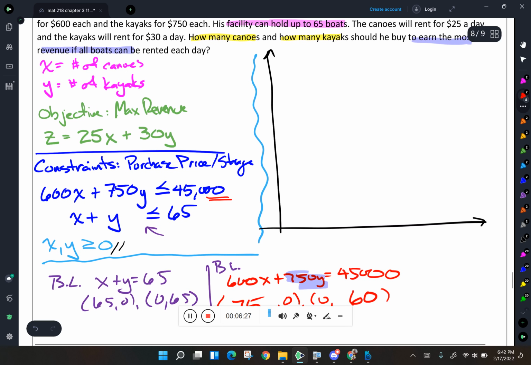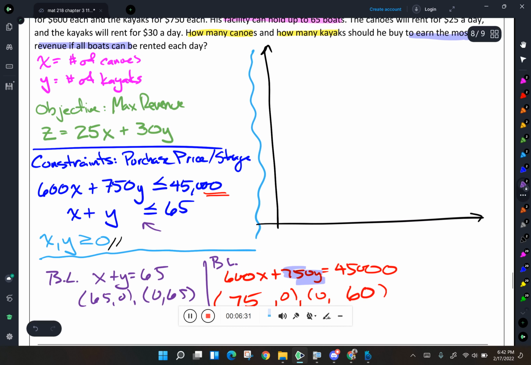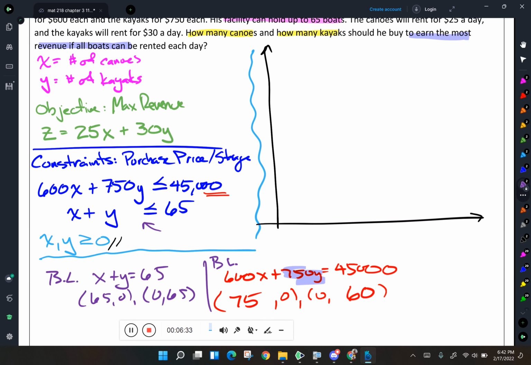All right, so let's go ahead and sketch these things. Purple, purple, 65, 65. Looks like my x-axis needs to go out to 75. So if I put 75 out there, that will be 25 and 50. My y-axis needs to go up to 65.